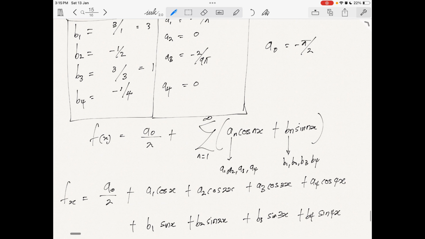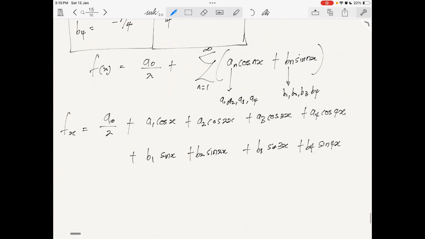So then we begin to substitute. Our a naught is minus pi over 2.